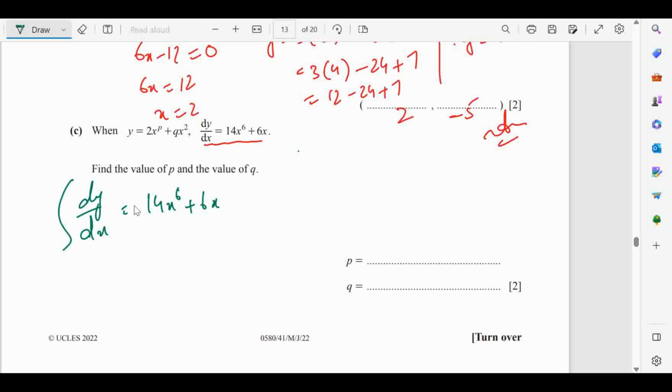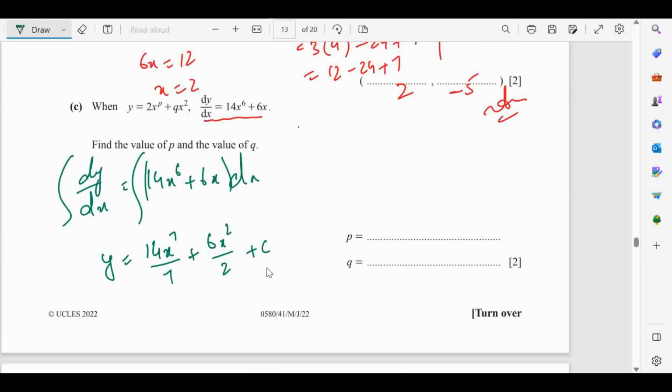If we integrate it with respect to x, this will become y is equal to 14x power 7 whole divided by 7 plus 6x square whole divided by 2 plus c.